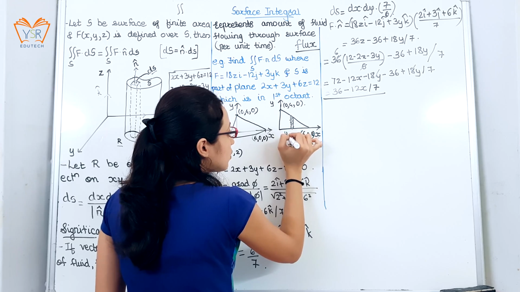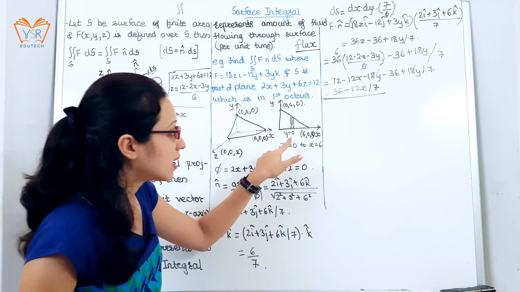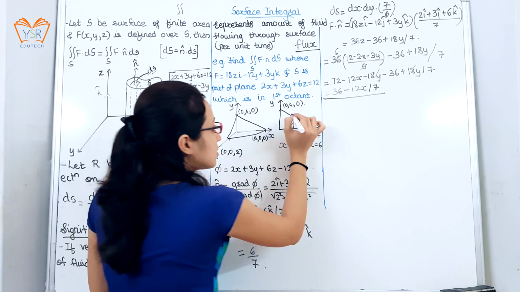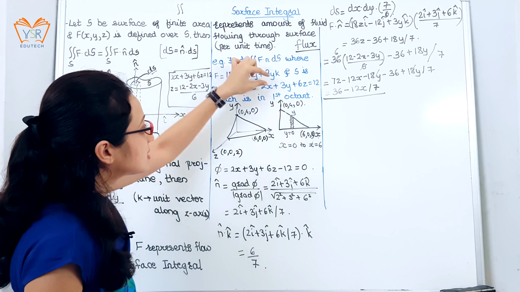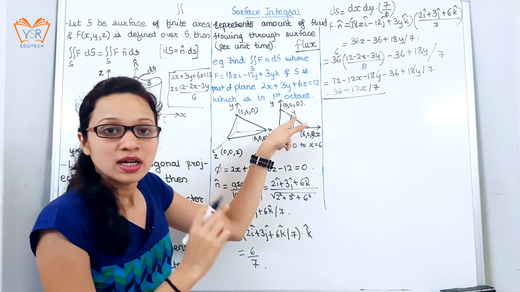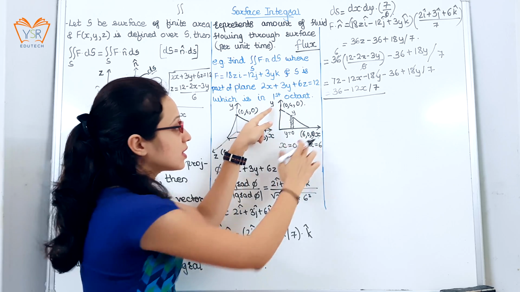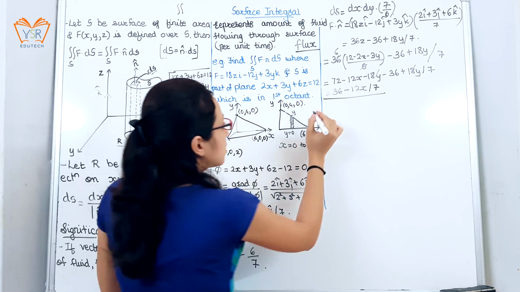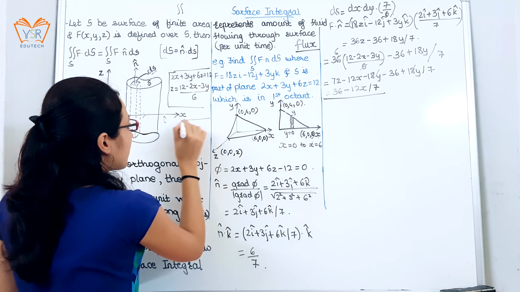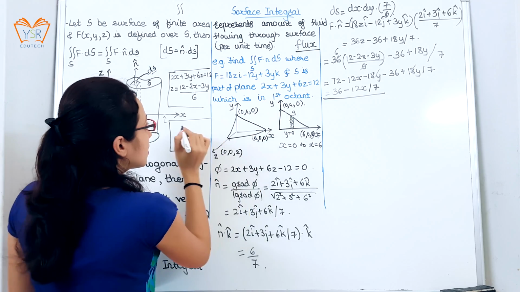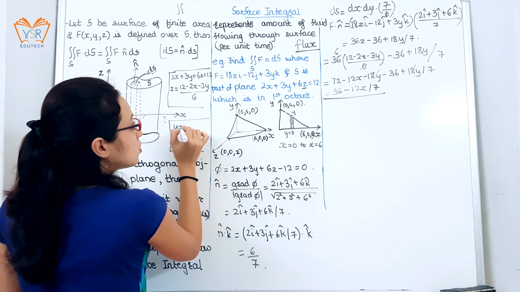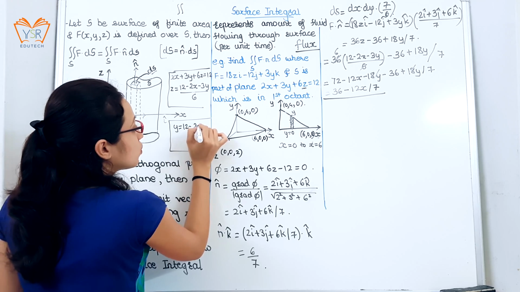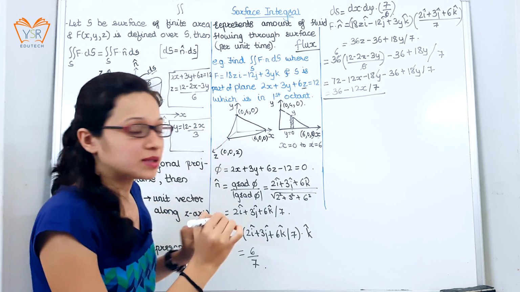Here the value of y is 0, and the point here will be on the plane. At this point x will be 0 as we are considering only the xy plane. So if z is equal to 0, y is equal to (12 minus 2x) divided by 3.